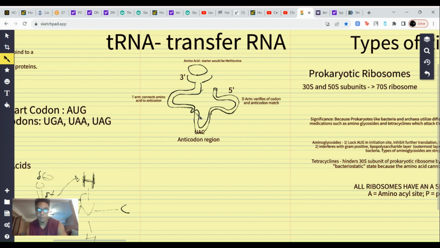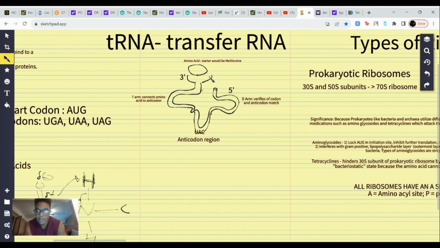So tRNA has 5 components if you include this little horn right here. I'll just circle it and then undo. So this is going to be the amino acid binding region. Aminoacyl tRNA synthetase utilizes GTP, guanosine triphosphate.